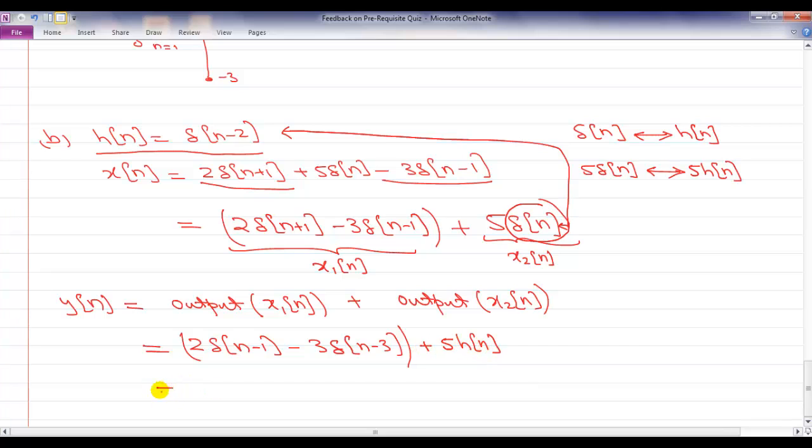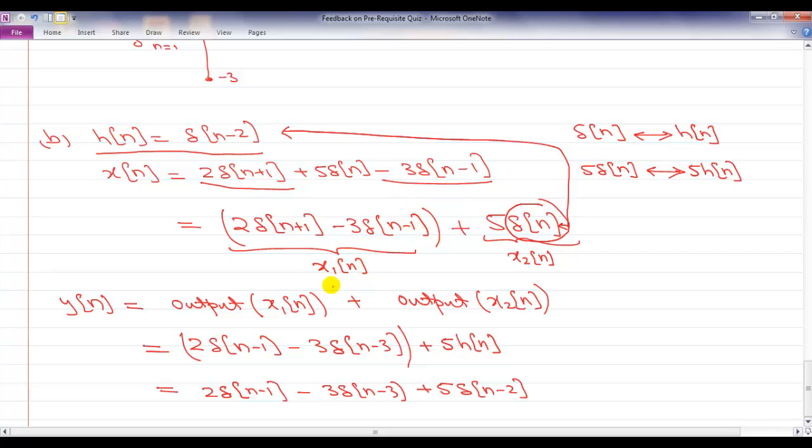So my answer is, using the linearity property, simply delta of n minus 1 minus 3 delta of n minus 3 plus 5 times delta of n minus 2. Again, the main thing we used is that we wrote our input as a sum of two inputs whose output we know.